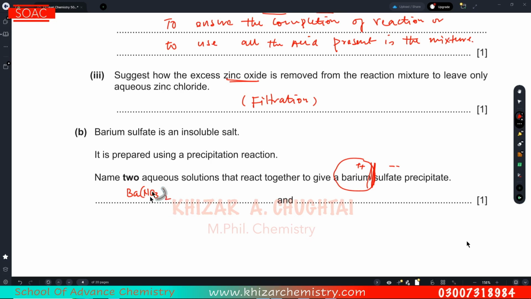It's saying the name, so I'm going to write the name, not the formula. Barium nitrate. All nitrates are water soluble. The next one here is SO4 2 negative ion. So you can use acid, you can use sodium sulfate. I am writing sulfuric acid.